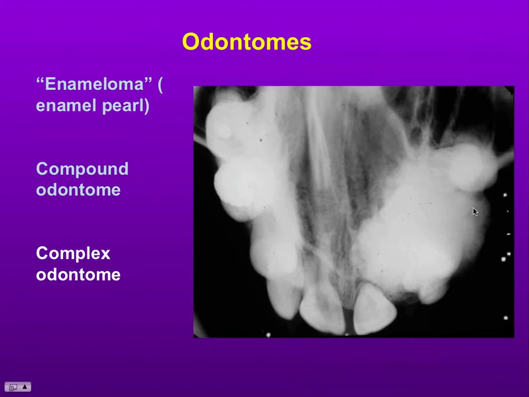It does not consist of little teeth, but of one big mass of mixed up enamel, dentine, cementum, pulp, completely haphazardly arranged, so there's no recognizable dental structures within it. This is a particularly large complex odontome. Often they're quite small, but these are usually found in the posterior regions of the jaw. They are, however, far, far less common than compound odontomes. As a dentist in practice, you'll probably never see a complex odontome, but you will certainly come across compound odontomes.